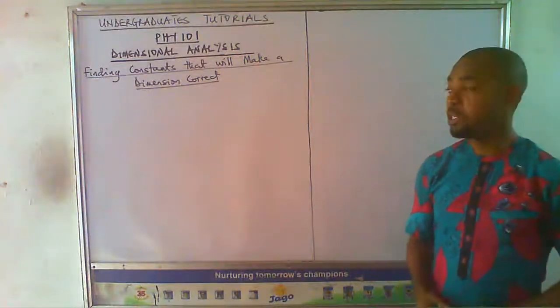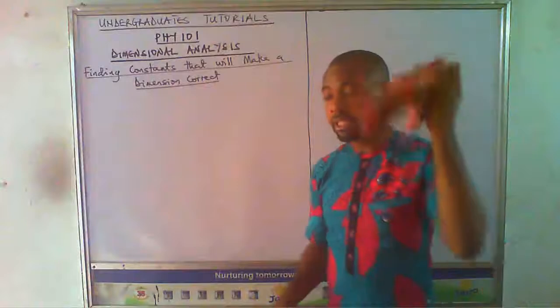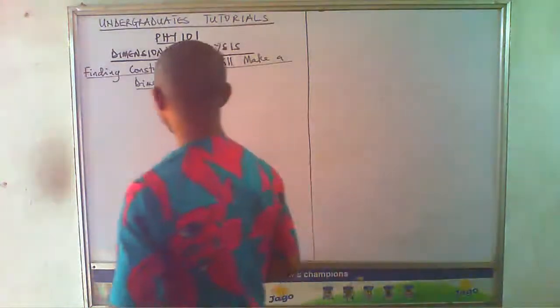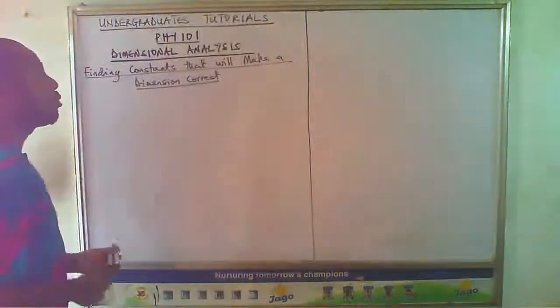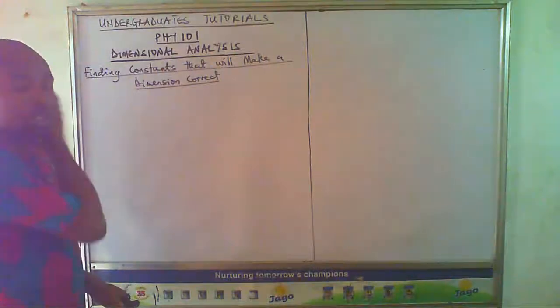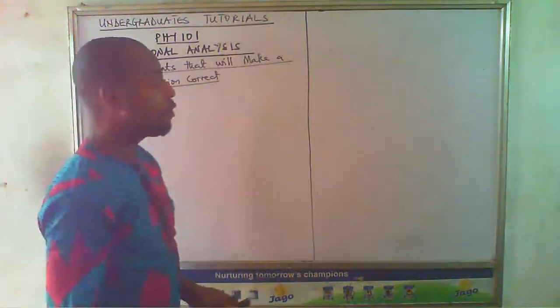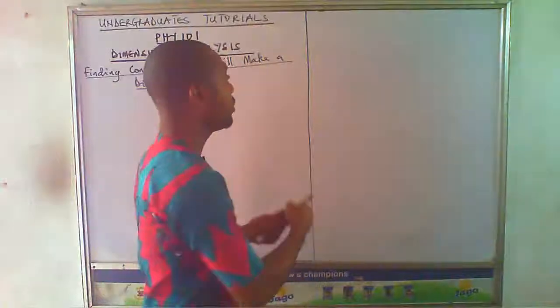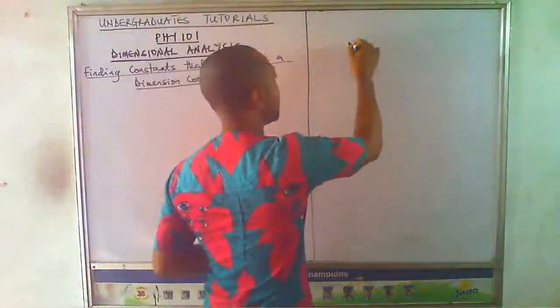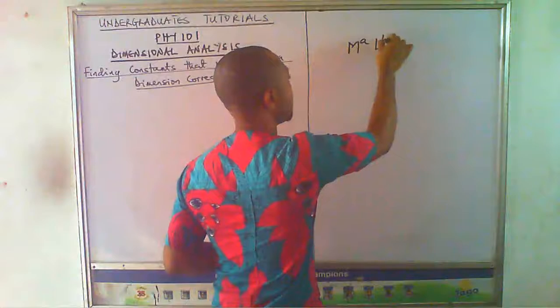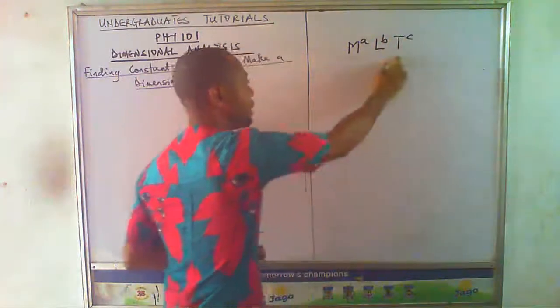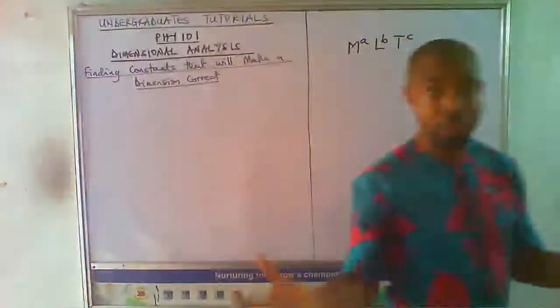Now today our business is to look at how we can find constants that will make a dimension correct. Now if we have the dimension of a given quantity, let's say we have something like this, and they say this represents the dimension of a particular quantity.